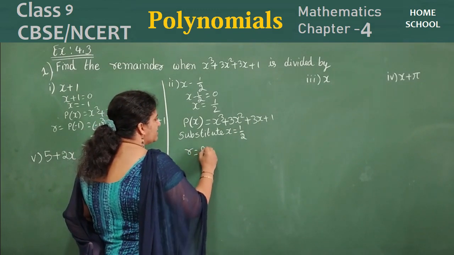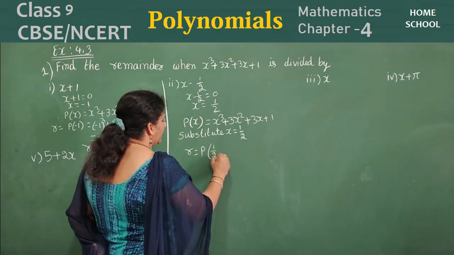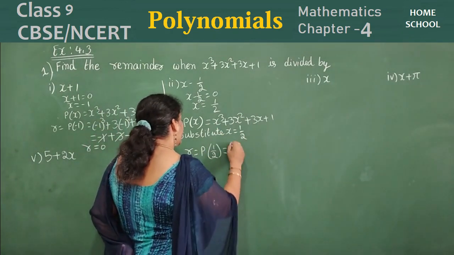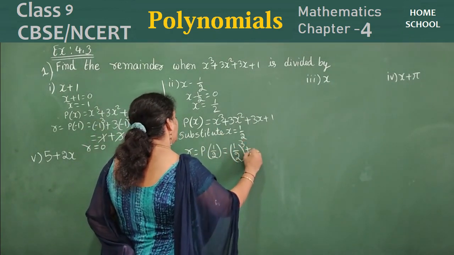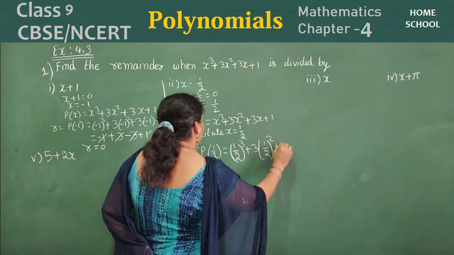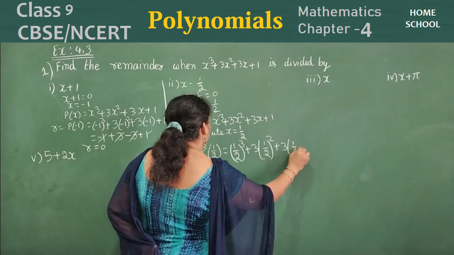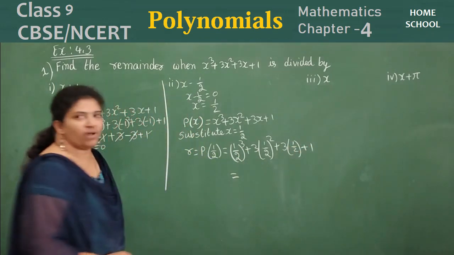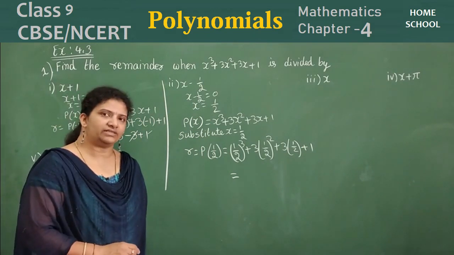That is r is equal to P of 1 by 2 is equal to, wherever you have x, substitute 1 by 2 whole cube plus 3 into 1 by 2 whole square plus 3 into 1 by 2 plus 1. Now, 1 by 2 whole cube, how can you write, children?